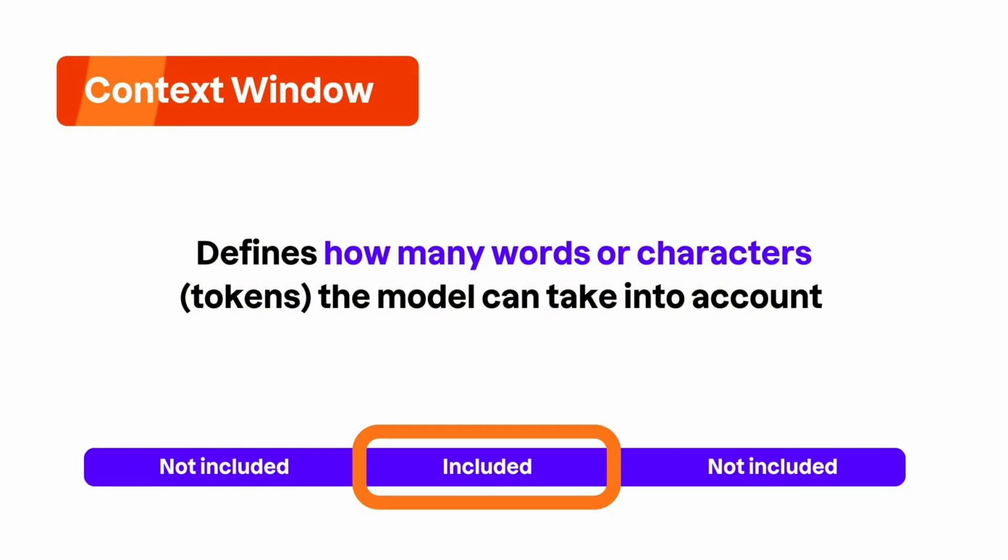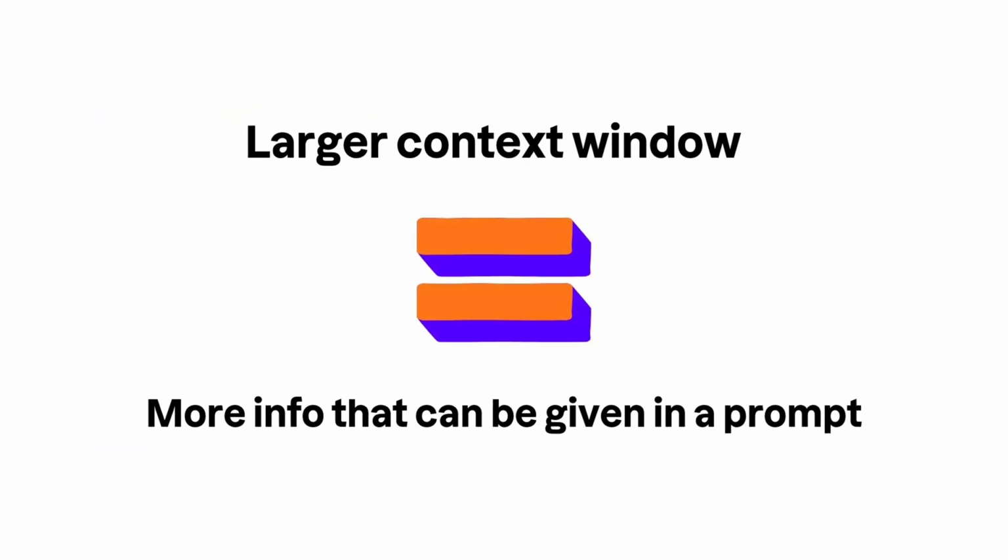The size of the context window is crucial because it affects the model's ability to maintain coherence and relevance across longer pieces of text. A larger context window allows the model to consider more information, enhancing its ability to generate contextually appropriate, relevant, and coherent responses. However, this also requires more computational resources.